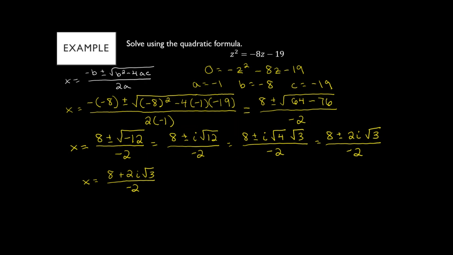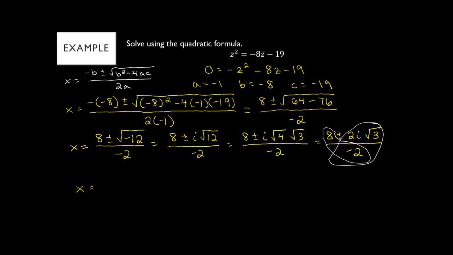And actually, you know what? Before I do that, I'm going to do another trick. When you have a plus or minus on top of a fraction like this, we actually like to split the fraction up so that you have your first part over the denominator and then your second part over the denominator. Let's do that because that will make things easier here.